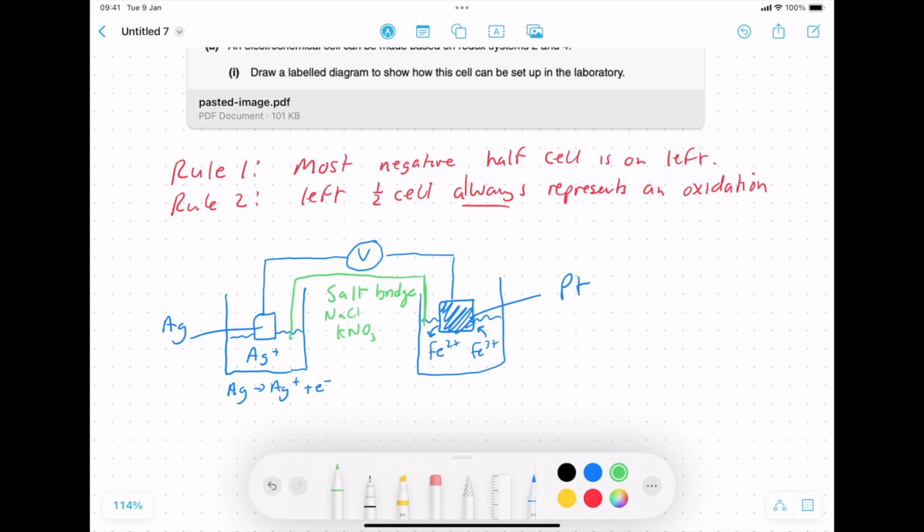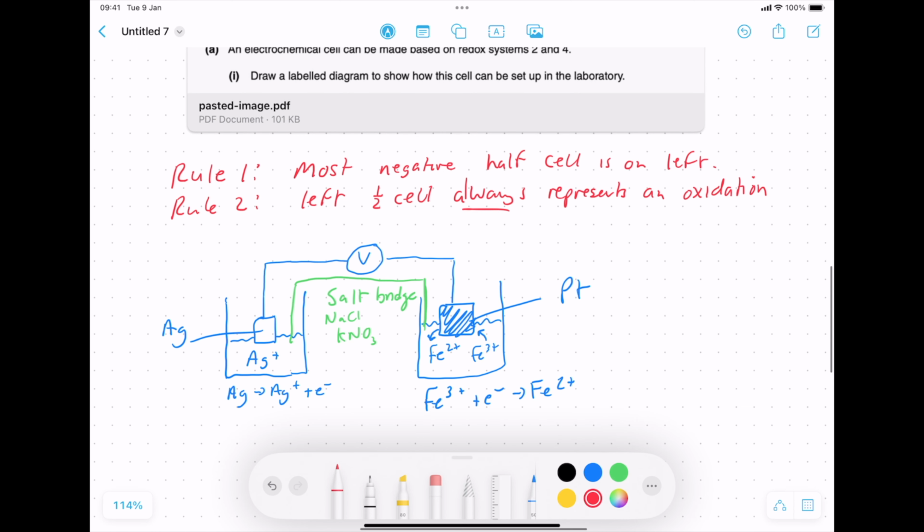It completes the circuit and allows the passage of charge between the two half cells without them having to mix. The electrons are made here and flow from left to right in the direction of these red arrows. As the electrons are being made on the left-hand side, this is the negative terminal, which means the other side is the positive terminal of the cell.